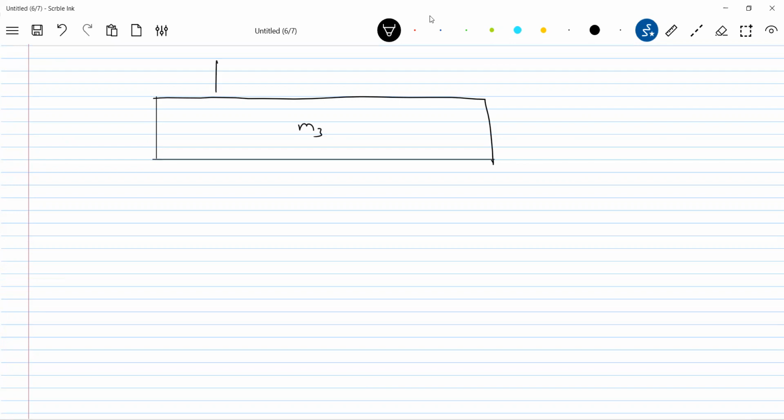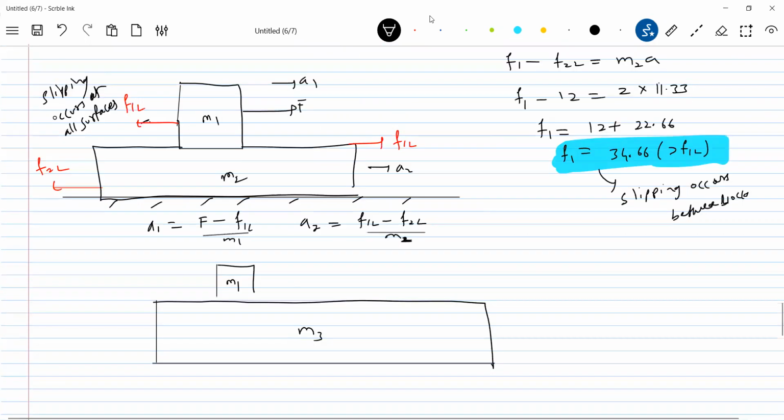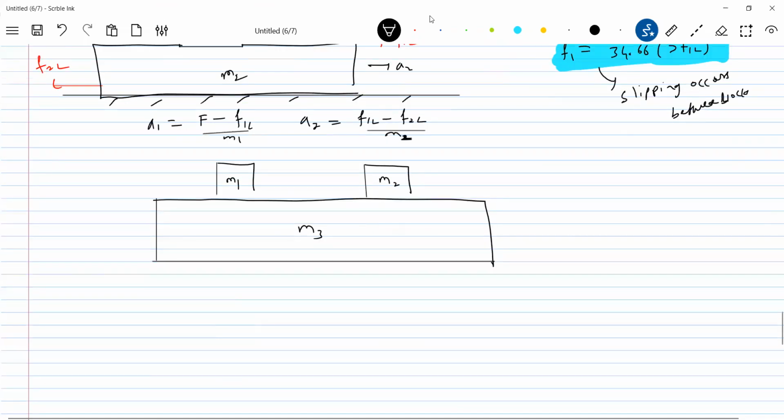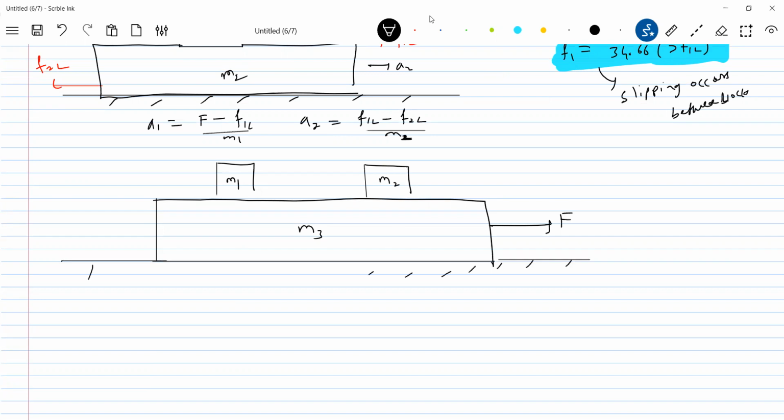Sir, could you once scroll up, sir? Okay, sir. Usually in books, what happens, you have seen only one block, like a block placed on a plank. I'll introduce more than one block.